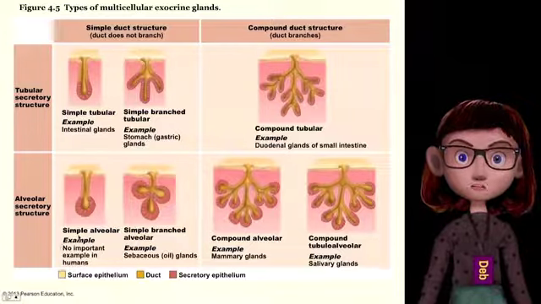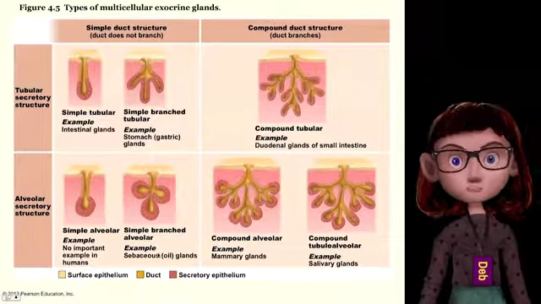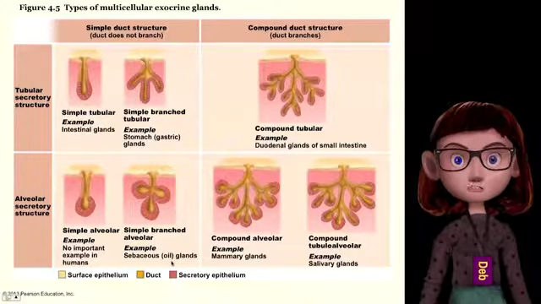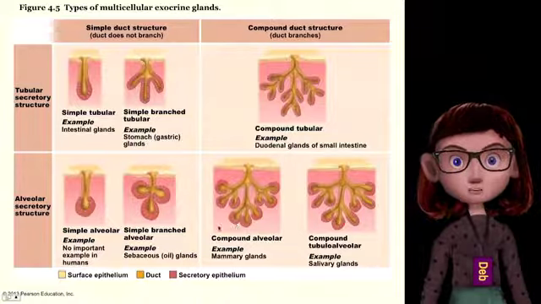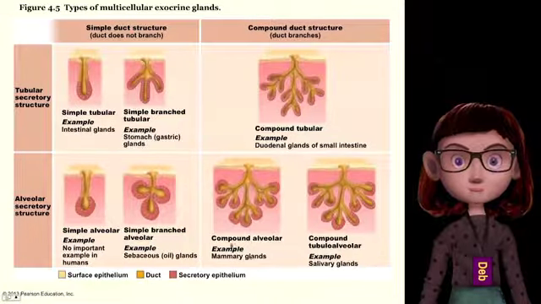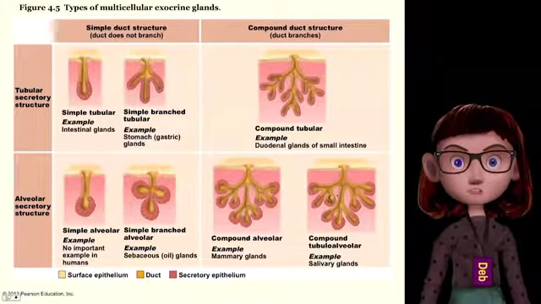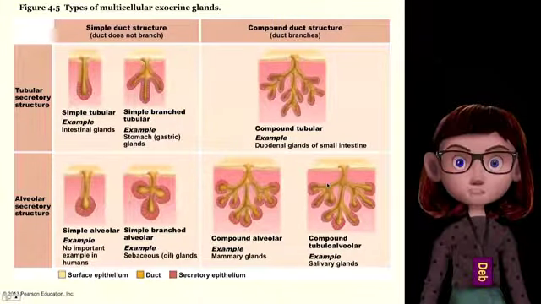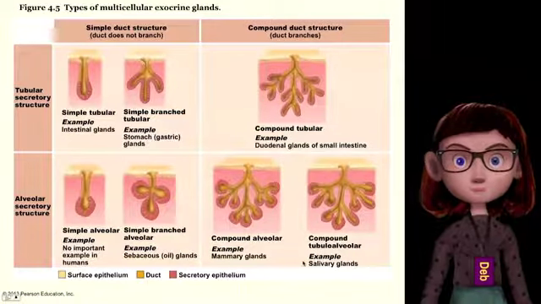We don't have any of those kind of glands. Simple branched alveolar, the example would be your sebaceous or oil-producing glands on the surface of the skin. Compound alveolar, mammary glands are an example, and compound tubulo-alveolar, which is kind of a combination between a tubular structure and an alveolar structure. That's what salivary glands are made out of.